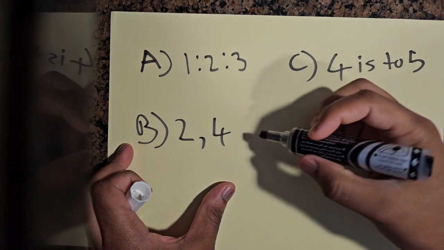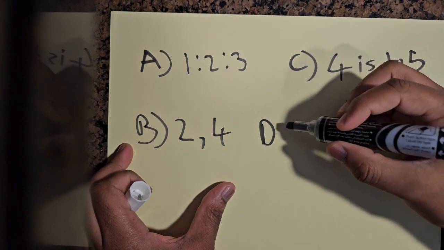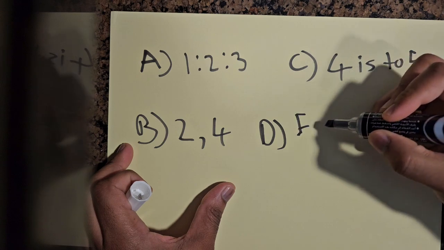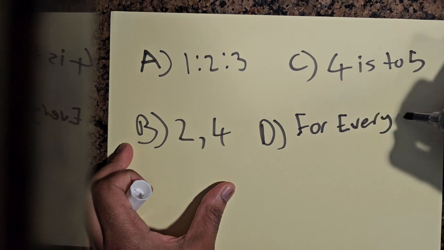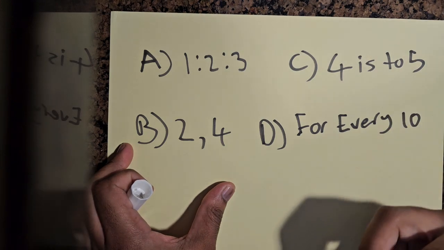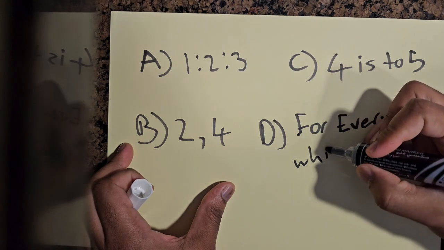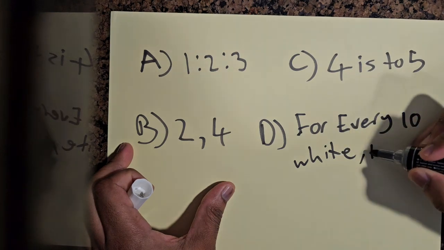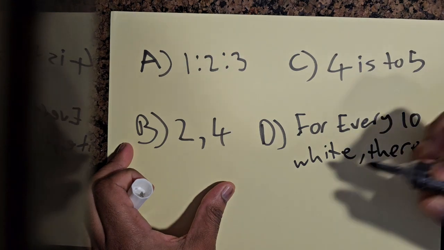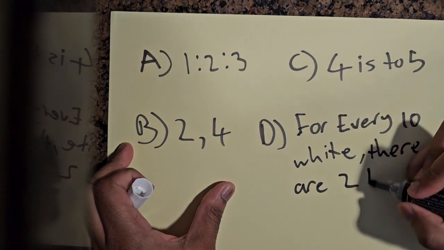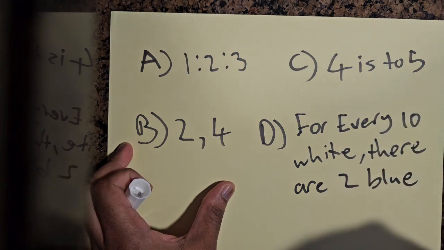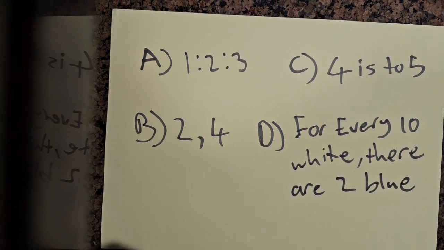And lastly, D, for every 10 white, there are 2 blue.